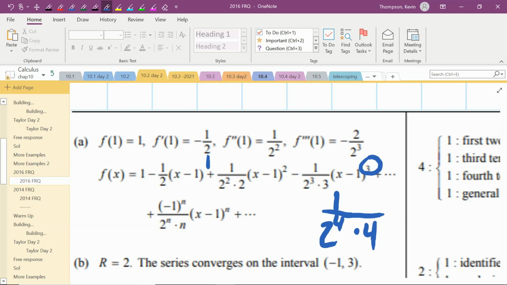Yes, which is why we're going to write this. You would have to put something else up here.